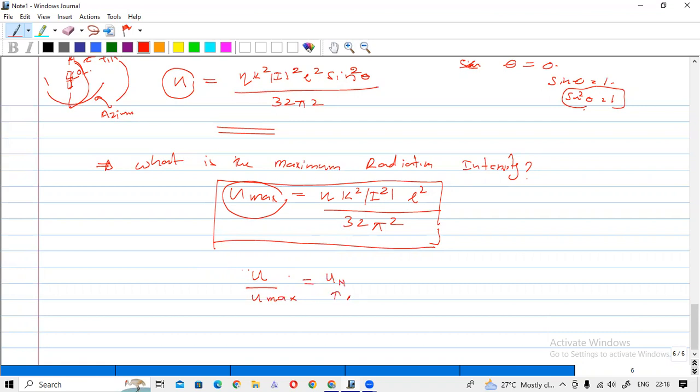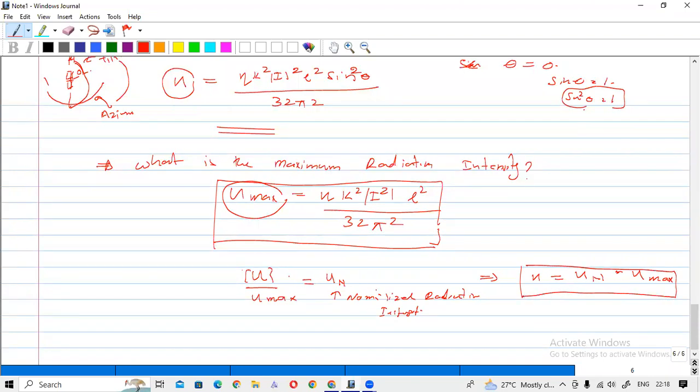So this is the normalized radiation intensity, this is the radiation intensity, and this is U max. In other words, you can write the radiation intensity is equal to the normalized radiation intensity times the maximum radiation intensity.